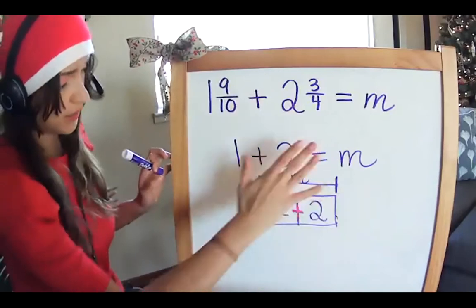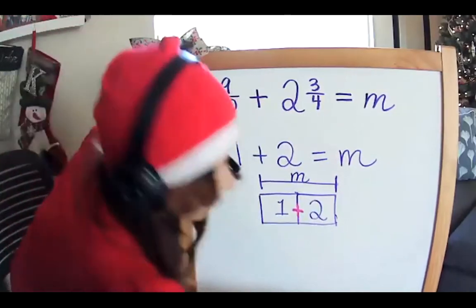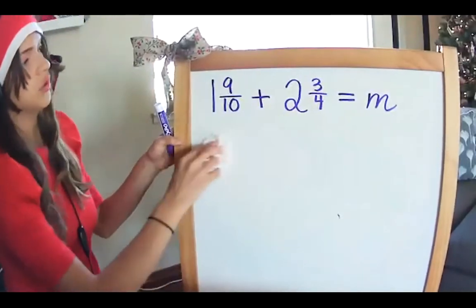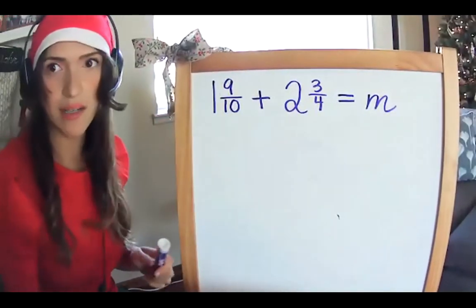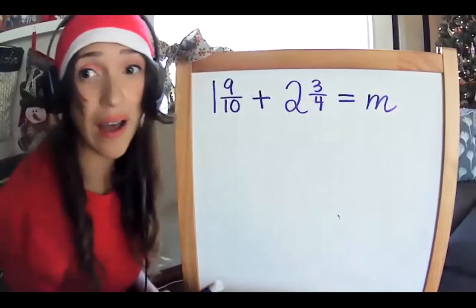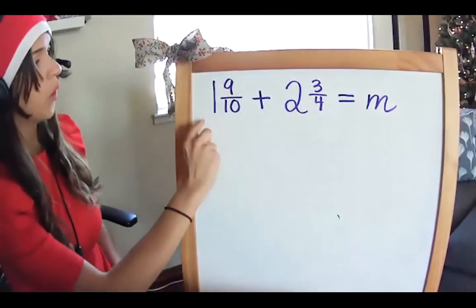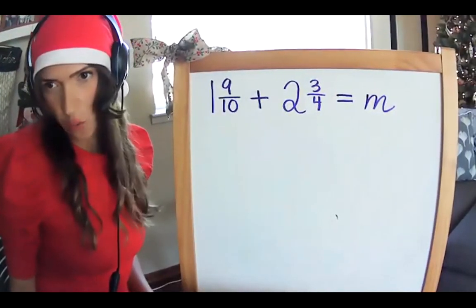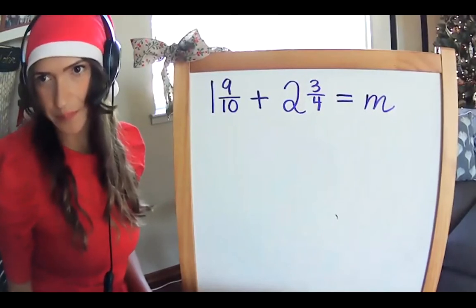So this being said, with our box diagram and moving on, now we have these 2 values. What would I have to draw to make this box diagram? Let's hold up our whiteboard. Let's see if you know how to draw a box diagram for 1 9/10 plus 2 3/4. Everybody hold up your whiteboards.